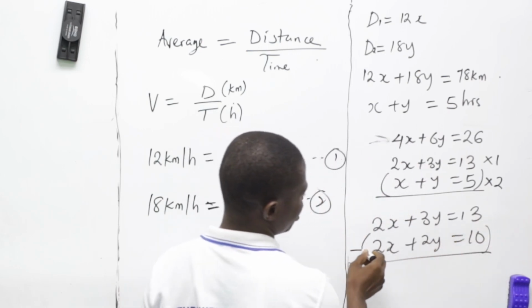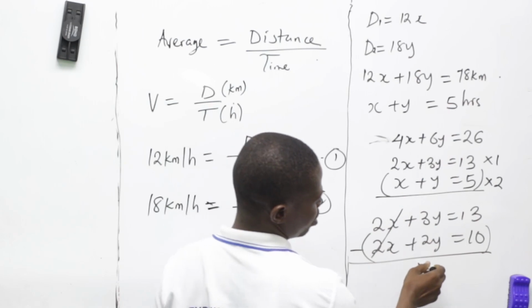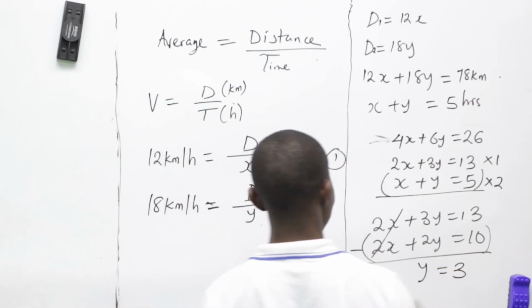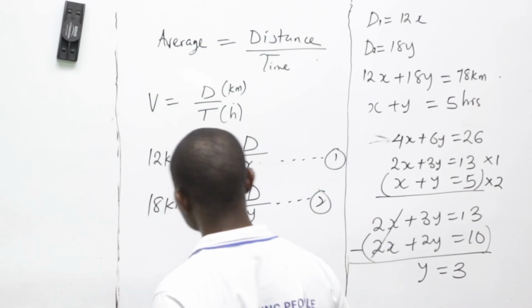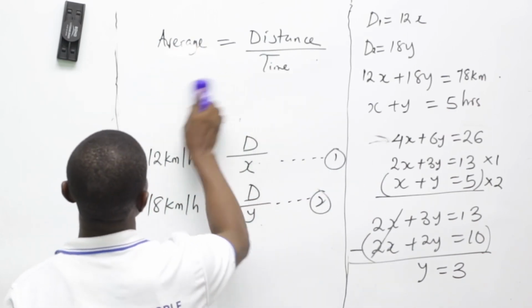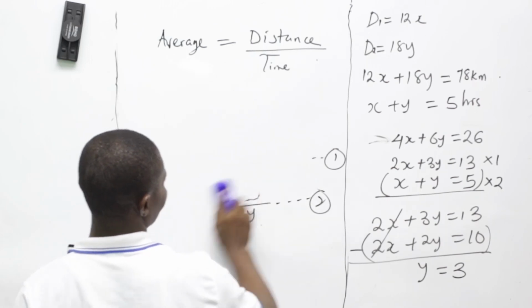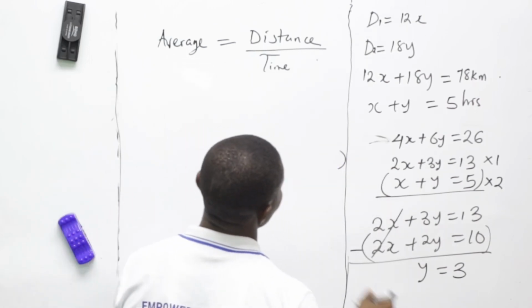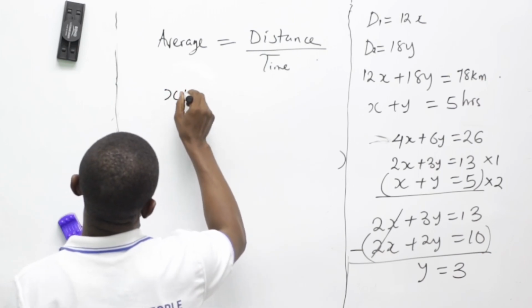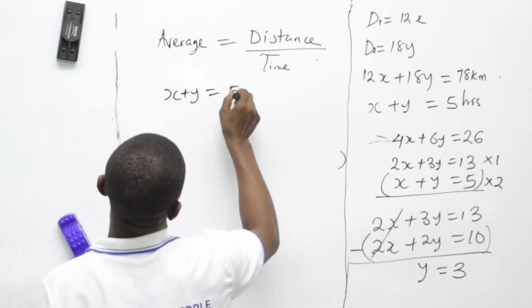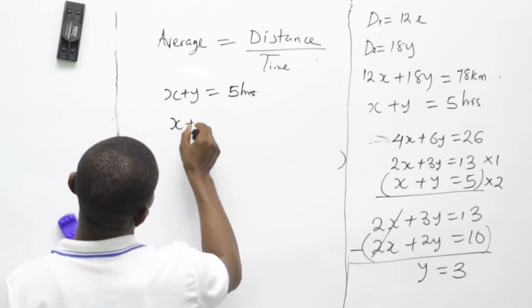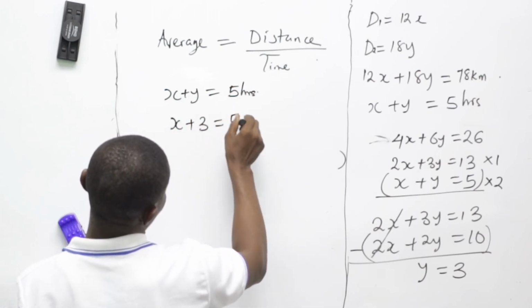Introduce a minus sign. This here, y equals what? 3. Now, we are looking for the value of x. Solving for x: x plus y equals 5 hours, okay? So that x plus 3 will be 5.